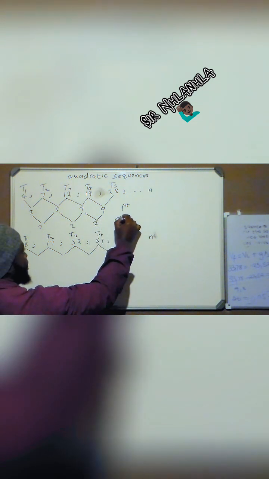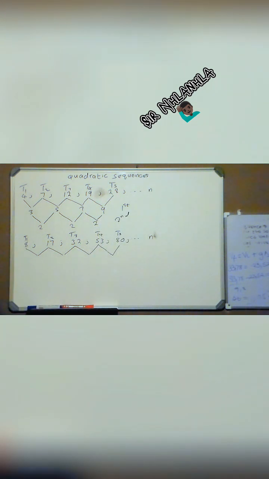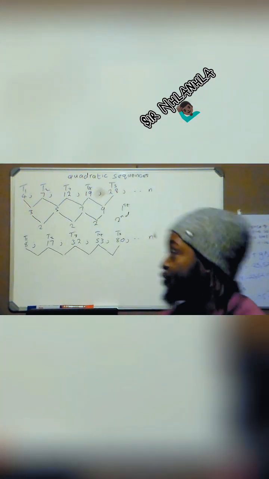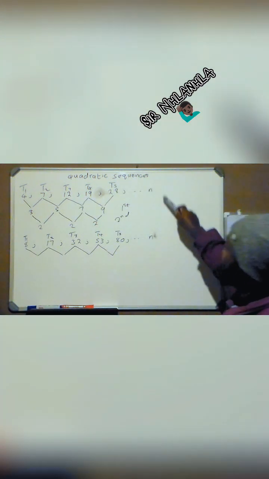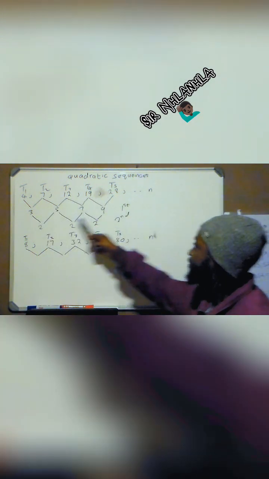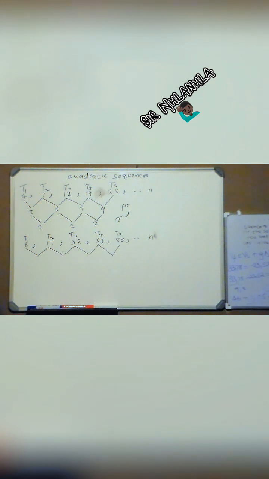So 5 minus 3 gives us 2. 7 minus 5 also gives us 2. 9 minus 7 gives us 2. So the second difference of this sequence is the one that gives us a constant value of 2. So therefore we conclude that this is a quadratic sequence, since the first difference did not give us a constant value.